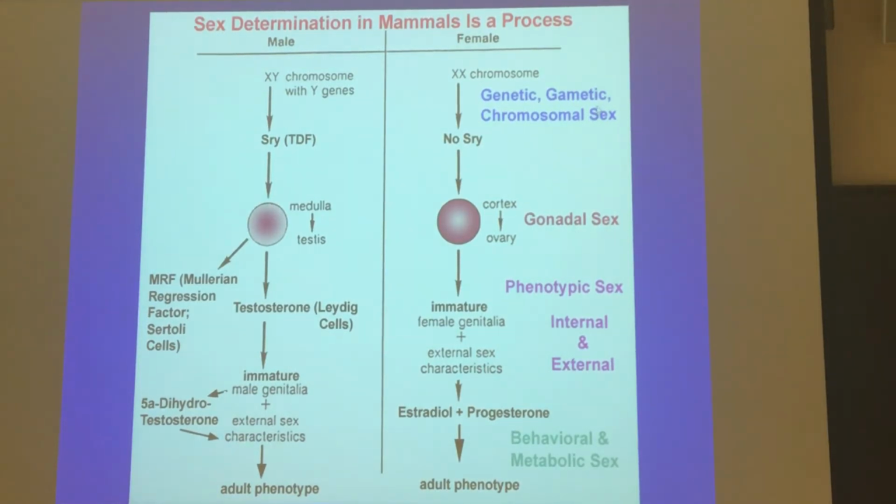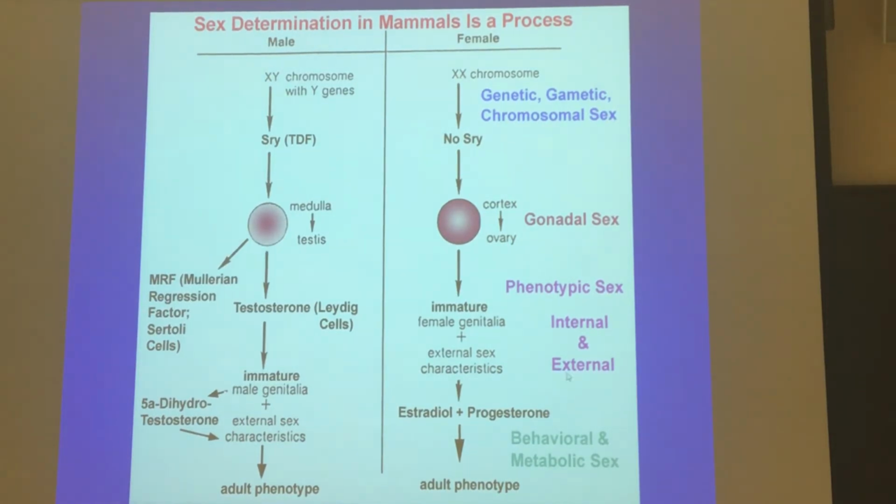So you've got genetic or gametic sex we talked about from the chromosome. You have gonadal sex once you've started differentiating toward the ovary or the testis. And then you get into phenotypic sex. And the phenotypic sex has an internal component and an external component. So there are tissues interior that support the function of the ovary or the testis.